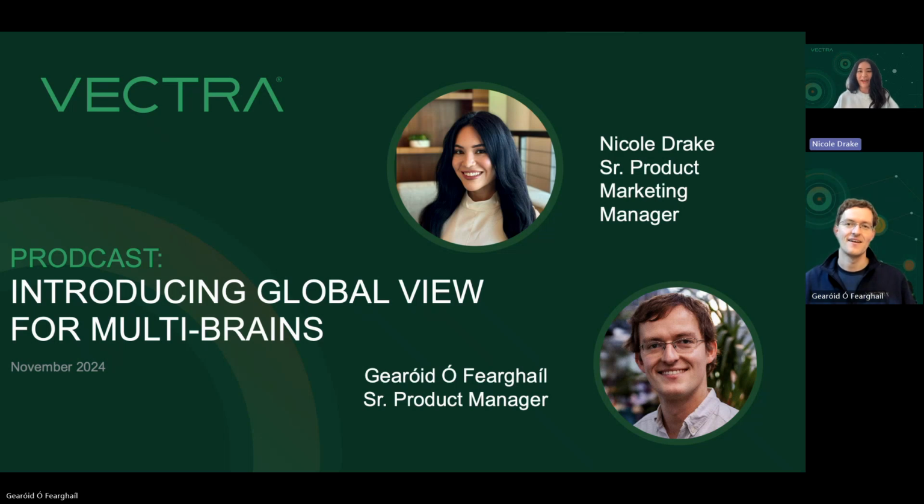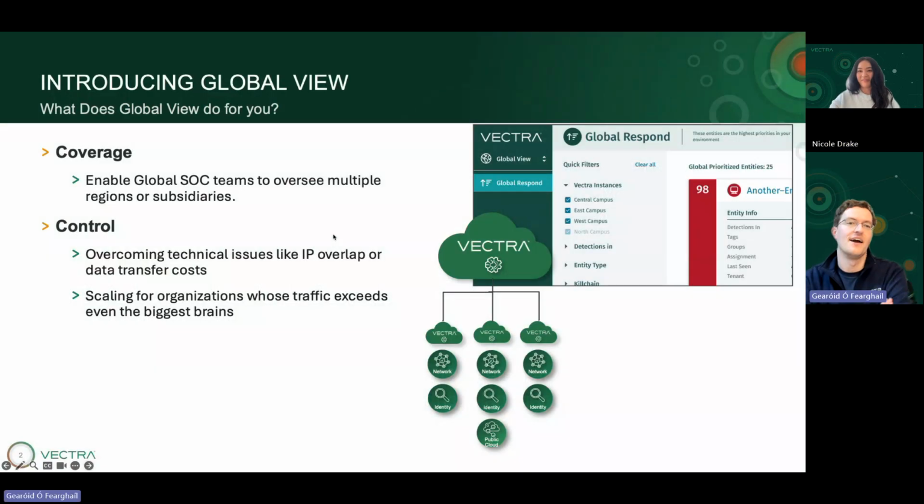So we'll jump right in. We want to know, what is Global View? Global View is a new exciting feature that we've released where we allow for a federated view of multiple different appliances to give global SOC teams visibility over multiple regions, subsidiaries, or where there are technical constraints.